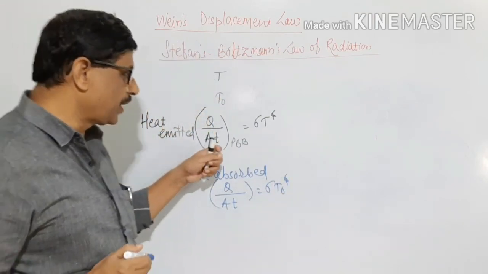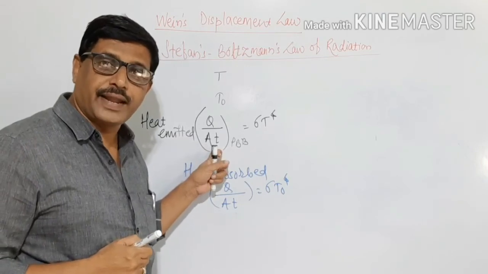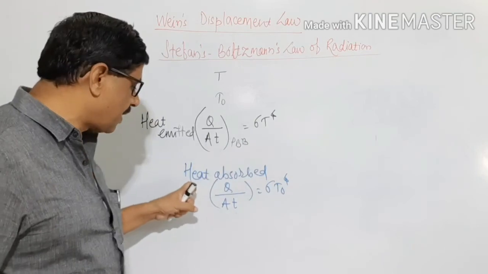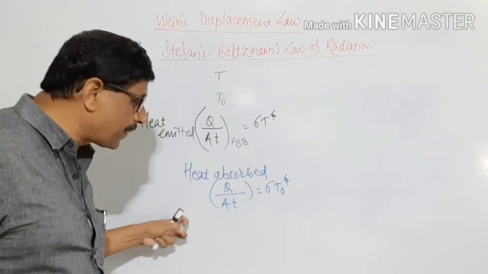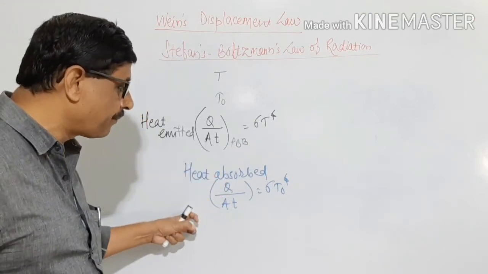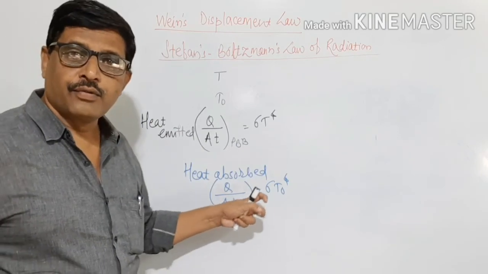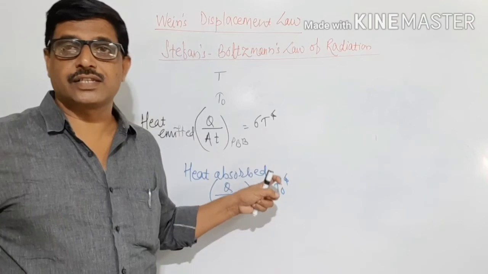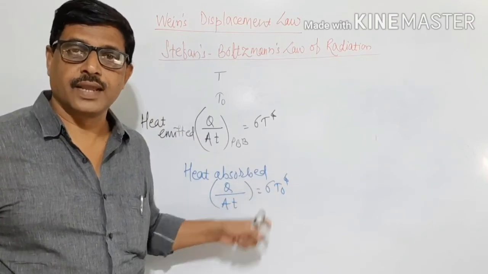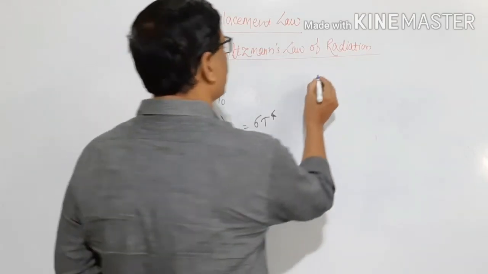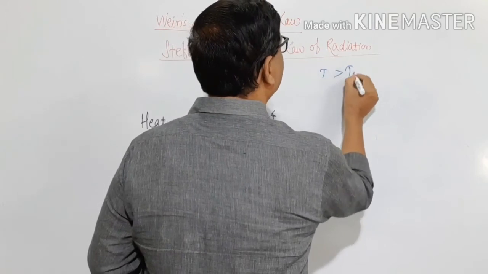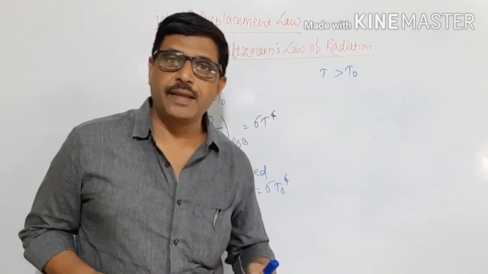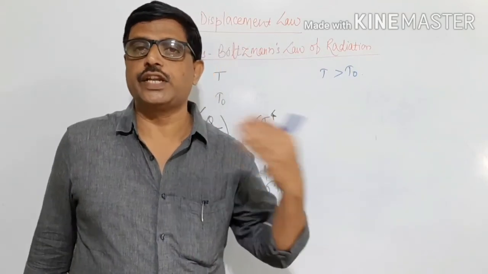This is the amount of heat emitted per unit time per unit area, which depends on the temperature of the body, and this is the amount of heat absorbed per unit time per unit area, which is equal to sigma T0 to the power of 4. T0 is the temperature of the surrounding. As the temperature of the body T is more than the temperature of the surrounding, it's obvious that the heat emitted is more than the heat absorbed.